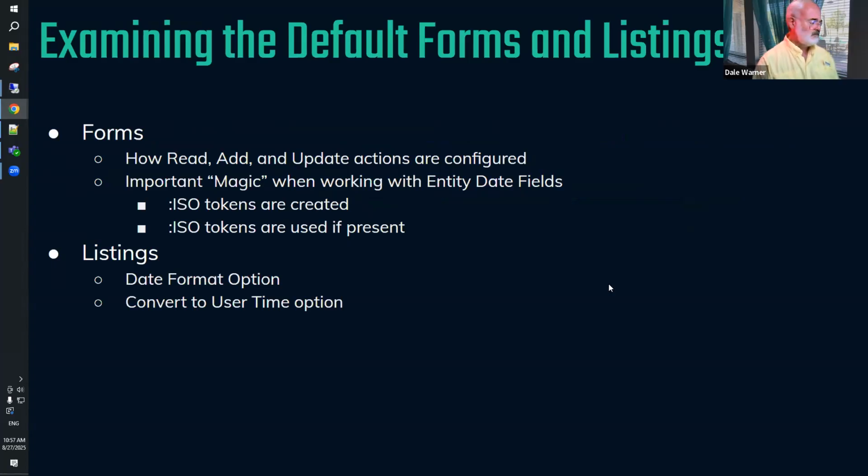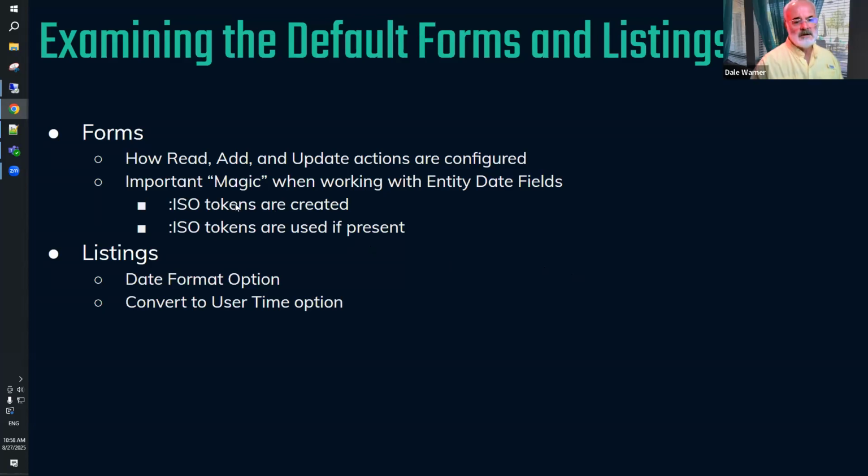So there's some undocumented features that I wanted to call attention to. It's useful. When you're using our actions, I've already said you want to use the ISO values when you're adding or updating a record. There's some magic that happens.